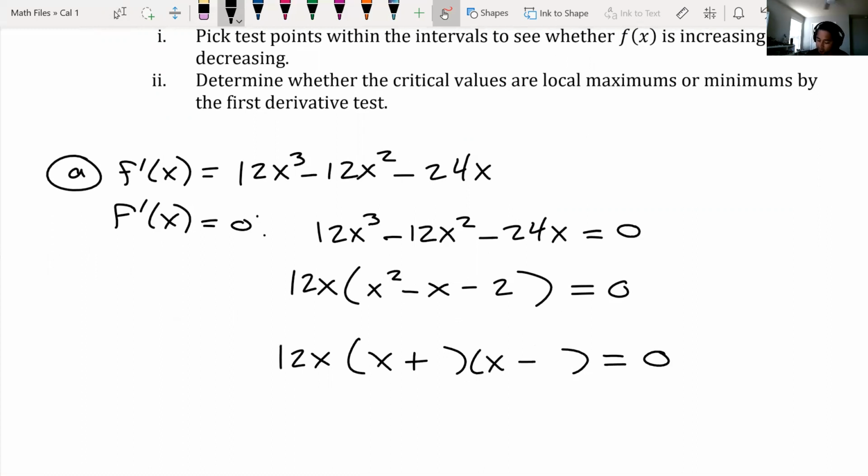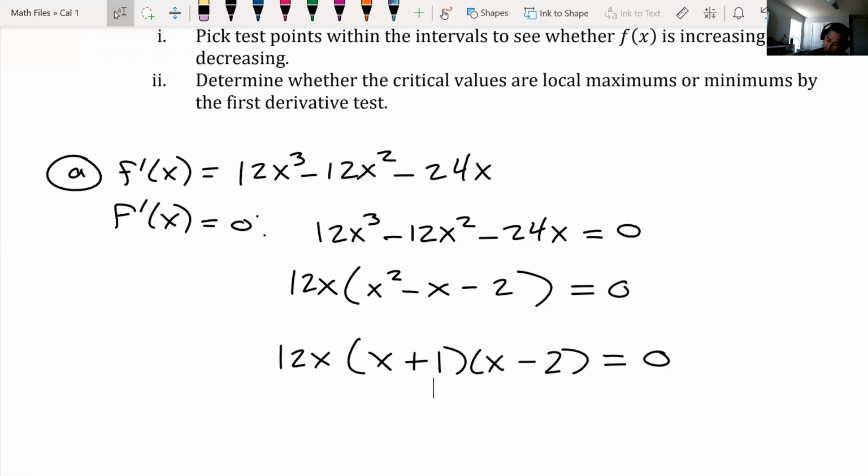And what are the only factors of 2 that can make negative 1? Plus 2 and a negative 1. I think it's going to go the other way. Since that middle number is negative, this means that the bigger number has to be negative and the 1 be positive.